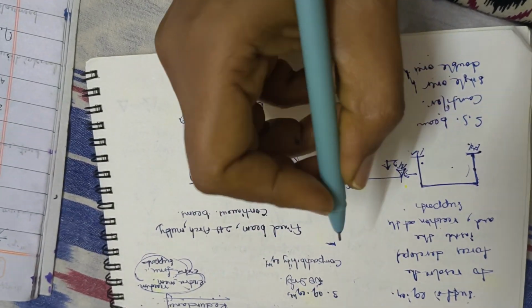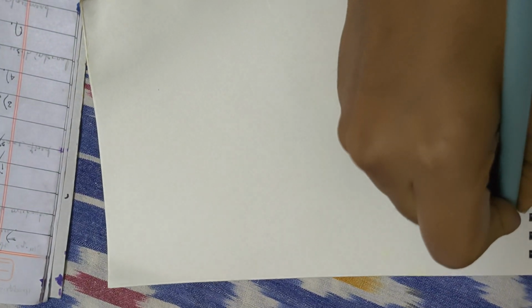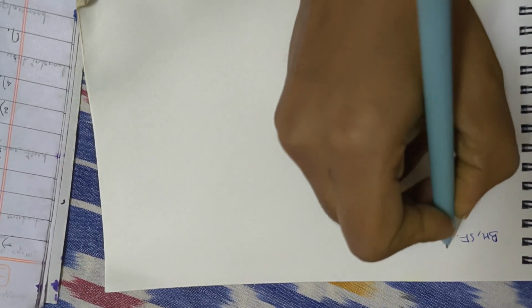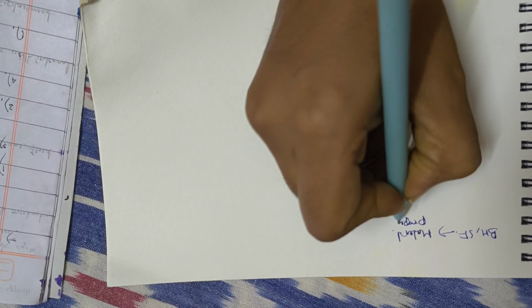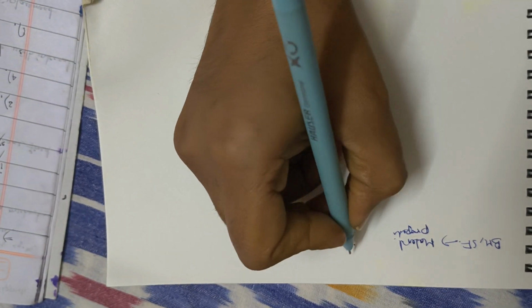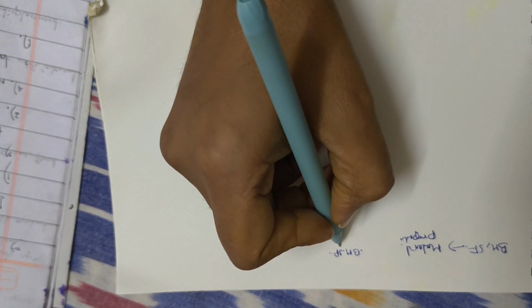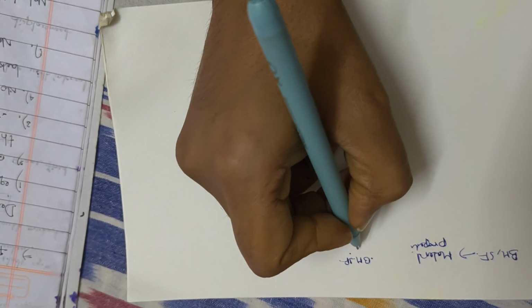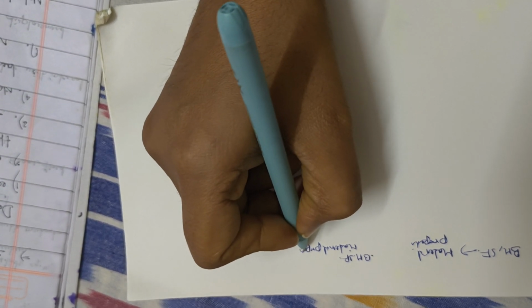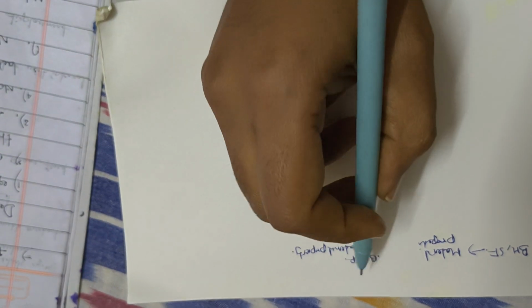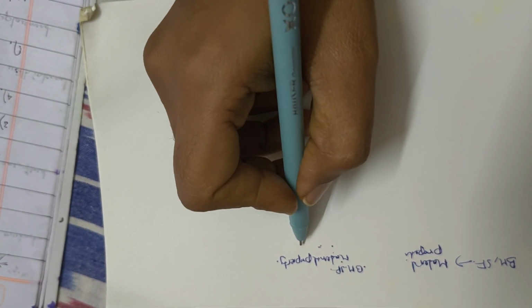In the indeterminate case, bending moment and shear force depend on the material property, such as expansions and Poisson's ratio.